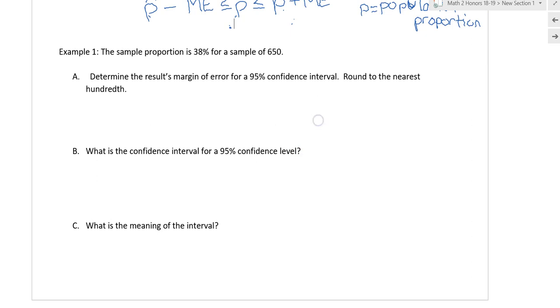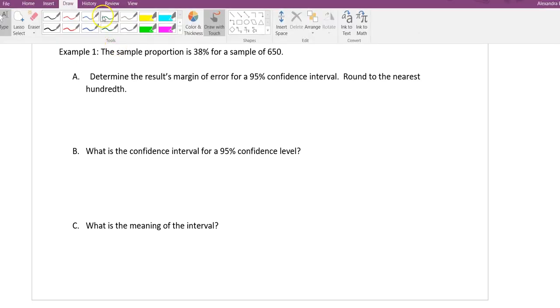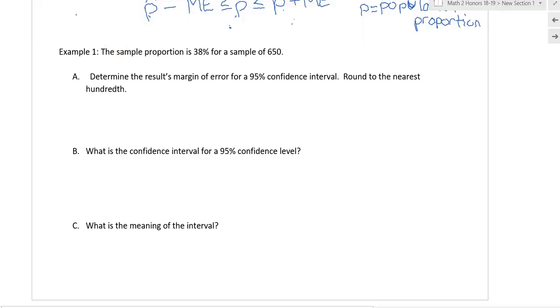So let's look at an example. Okay? Our first example doesn't have context to it, right? We're saying the sample proportion is 38%. That means what we call that p hat is 0.38. And for a sample of 650, so our n, our sample size, is 650.